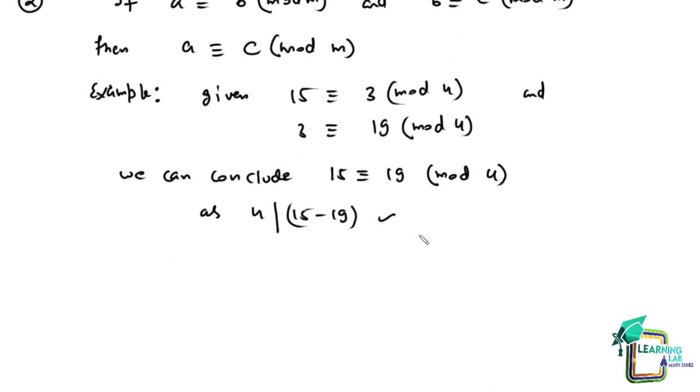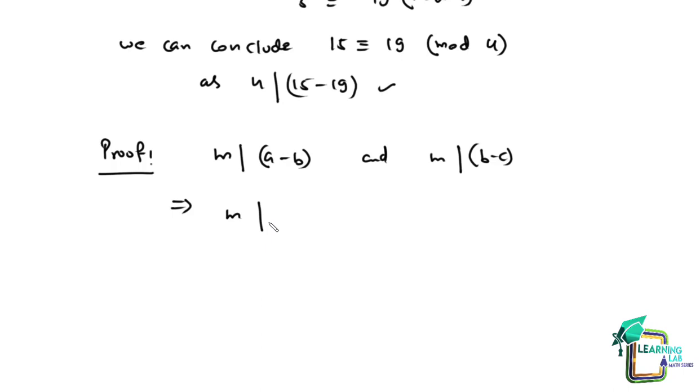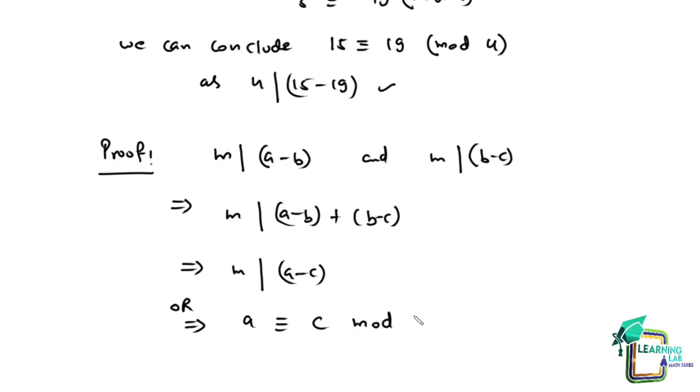We can prove this property. We have A is congruent to B mod M, that means M divides A minus B. Also B is congruent to C mod M, that means M also divides B minus C. If M divides A minus B and M divides B minus C, this implies M also divides the sum of these two, that means A minus B plus B minus C. So if M divides A minus B plus B minus C, that means M divides A minus C, and we can rewrite this statement as A is congruent to C mod M. So this is our second property, right?